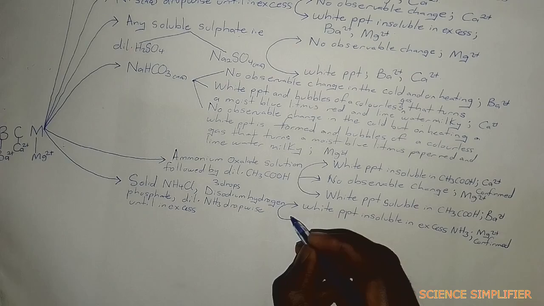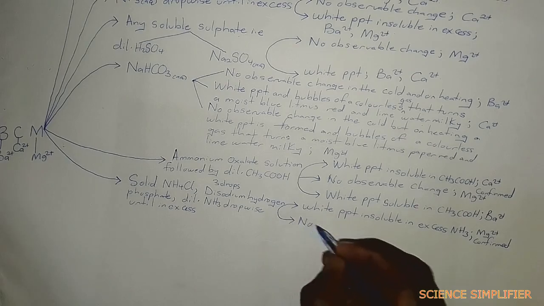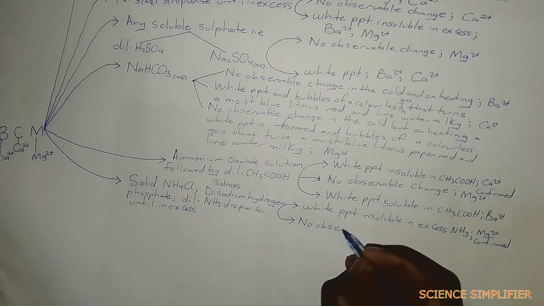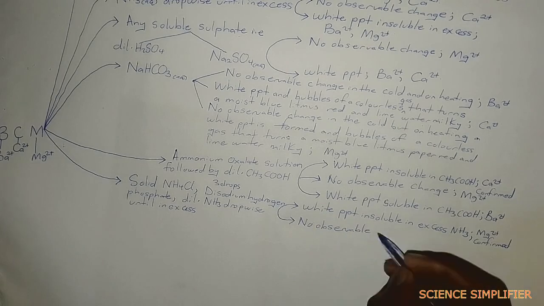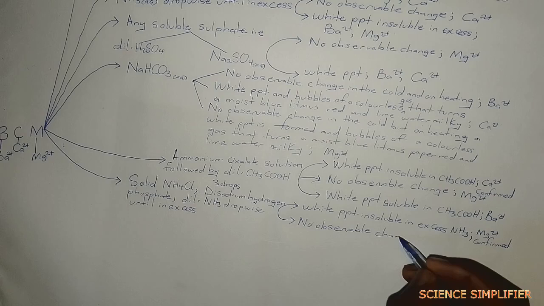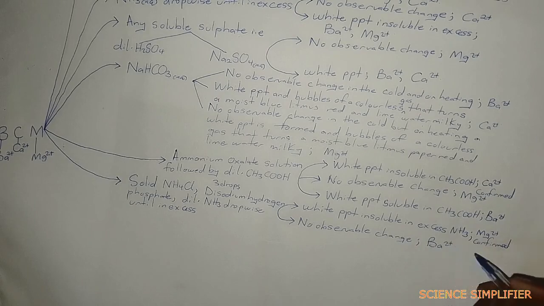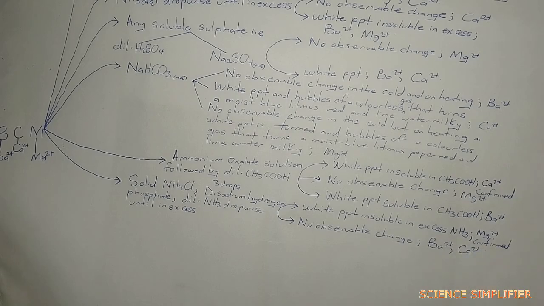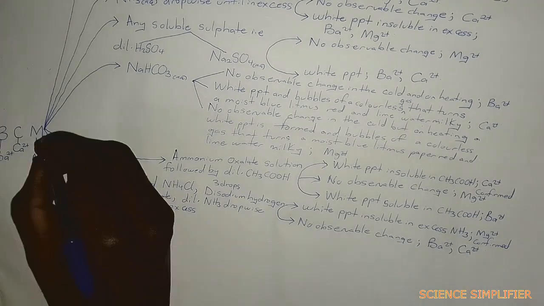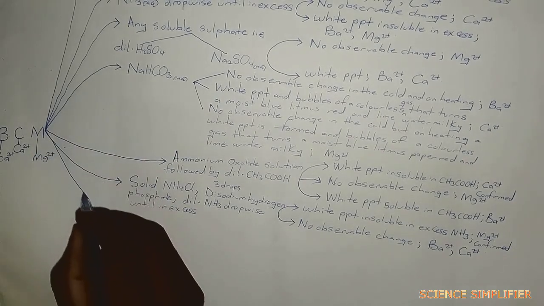At the moment you obtain no observable change, at that point you'll be having barium ions and also calcium ions.